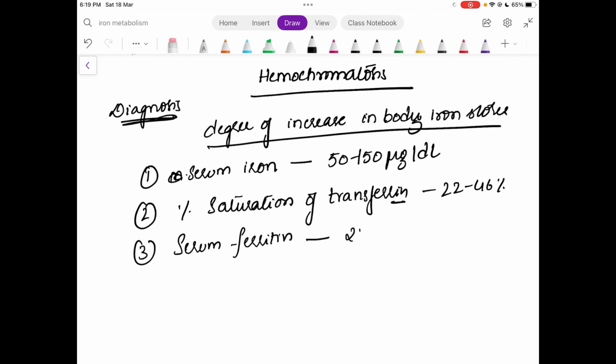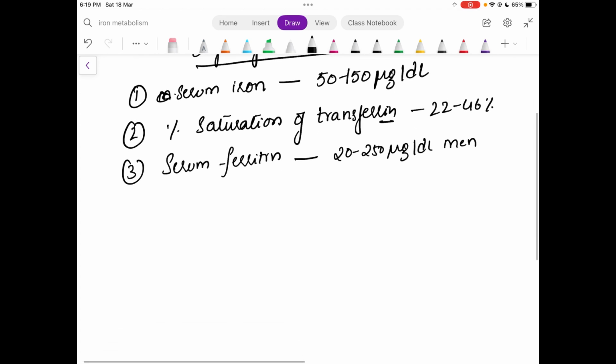It should be in the range of 20 to 250 micrograms per deciliter in men, and 15 to 150 micrograms per deciliter in women.